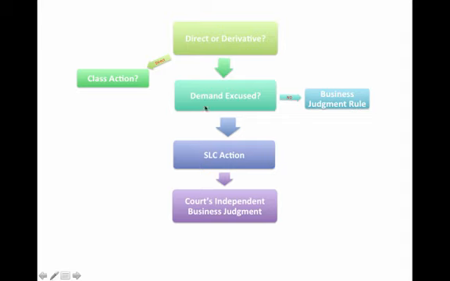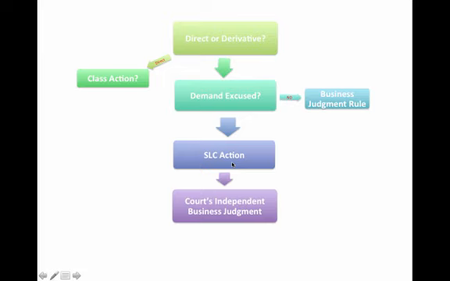If that's the case, you may also have a demand excused case, because the very board that would make the decision of whether or not to pursue the case is the very board you are suing, and they all are facing exposure.